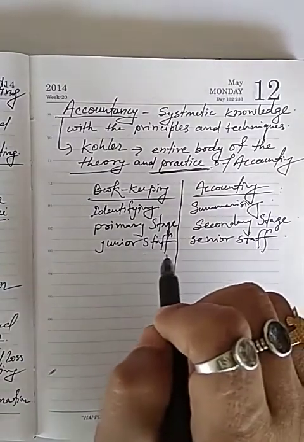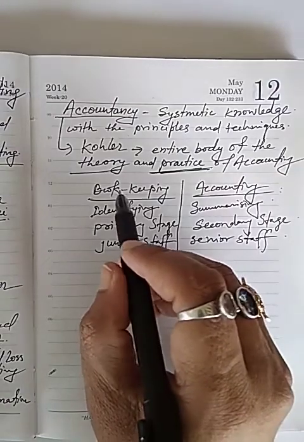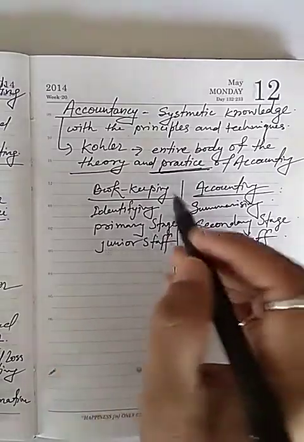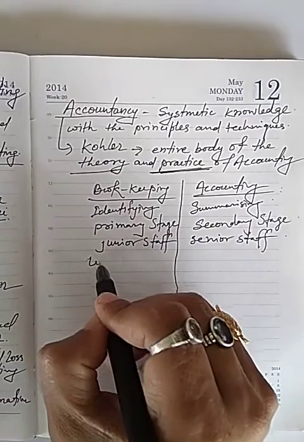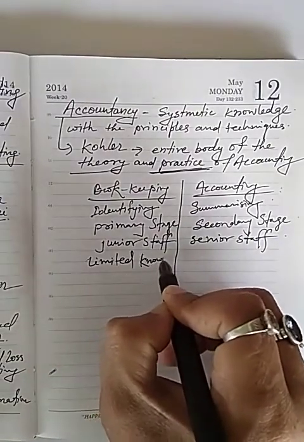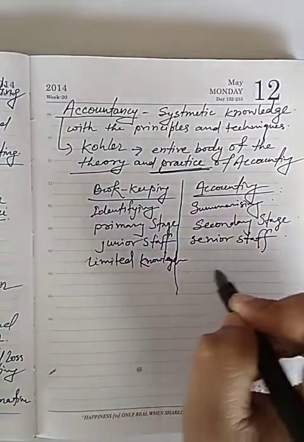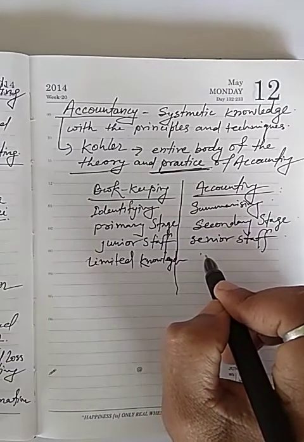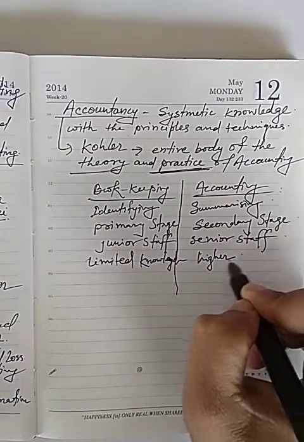Knowledge level. In bookkeeping, a limited level of knowledge is required, and in accounting, a higher level of knowledge is needed.